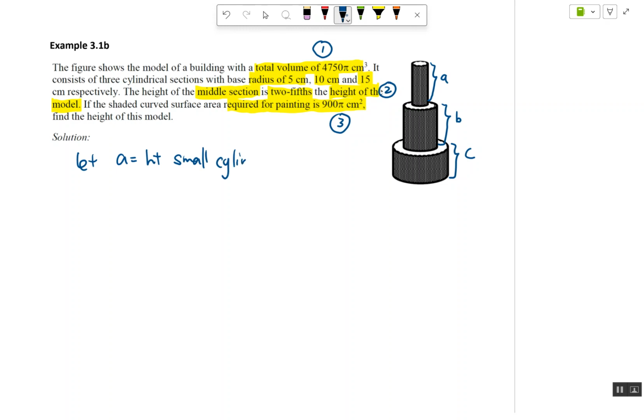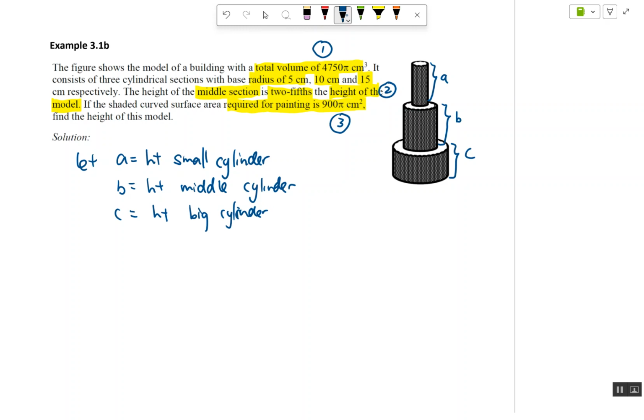I've seen marks being taken off for not defining the variables, so please define your variables. B equals the height of the middle cylinder, and C equals the height of the big cylinder. So first step, always specify your variables first.